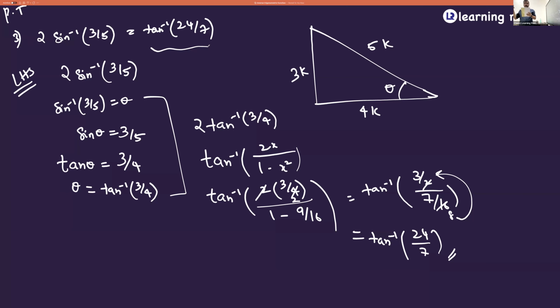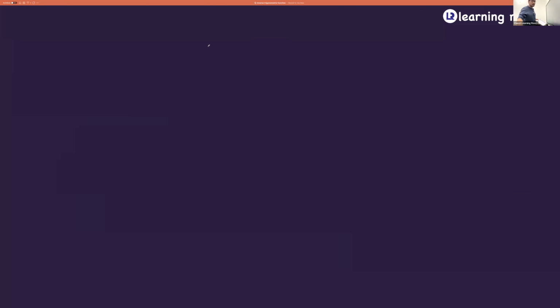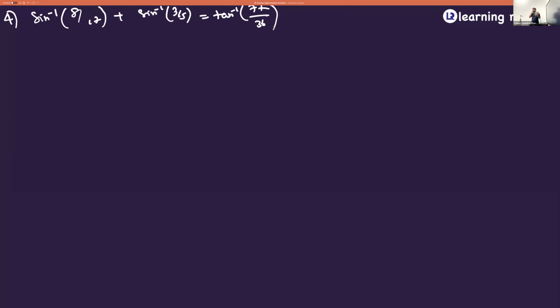So I'll do one. I'll just give the hints for the other set of problems because everything is similar. From problem 3 to 7, everything is similar. Shall we do that? Listen. If you look at the fourth one, they're saying sine inverse of 8 by 17 plus sine inverse of 3 by 5 is equal to tan inverse of 77 divided by 36.